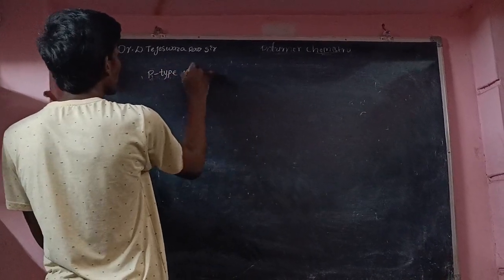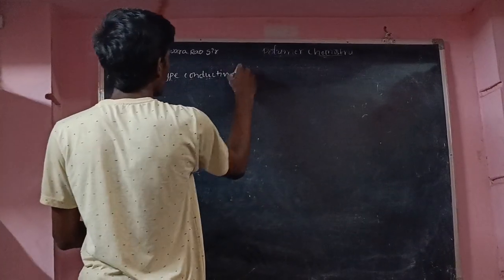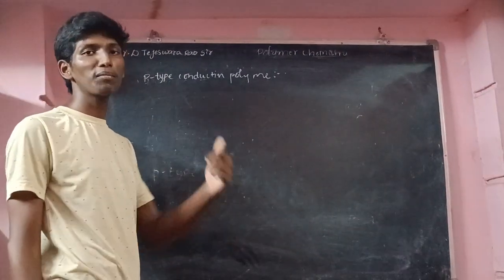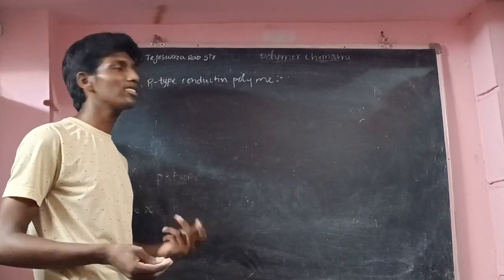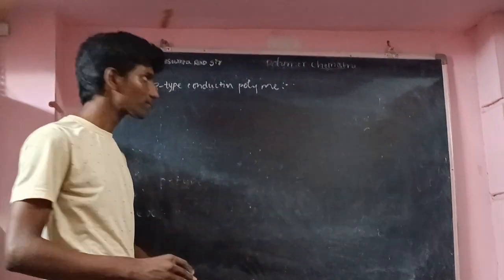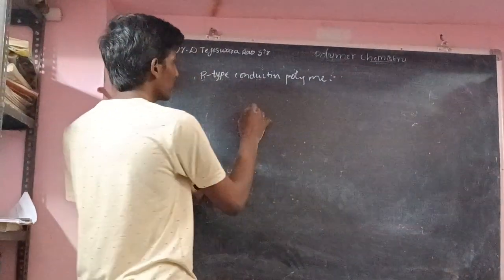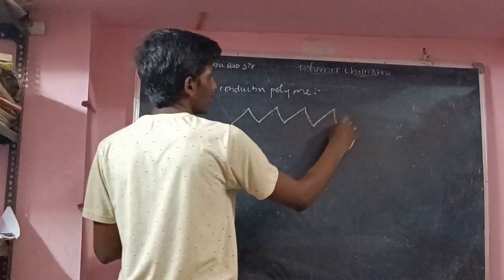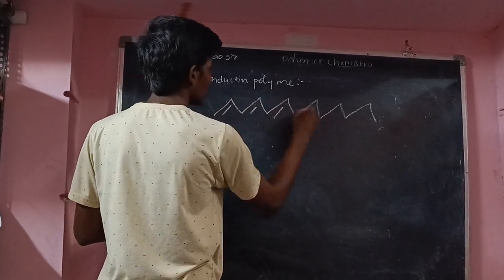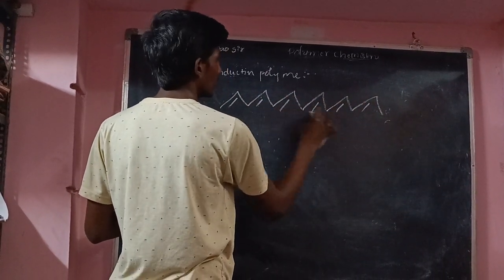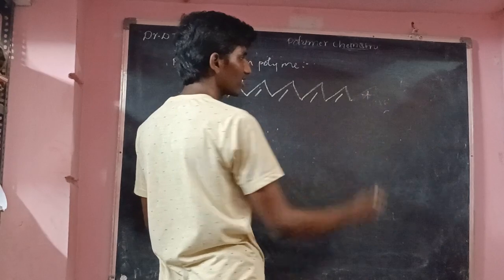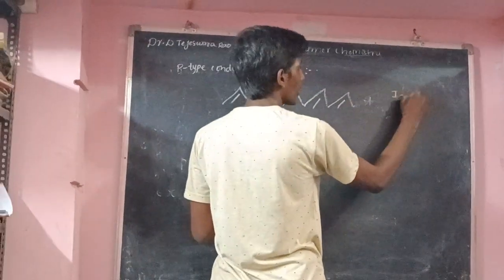P-type conducting polymer. The P-type conducting polymer is made by an oxidation process. In this process we use a Lewis acid agent. Let's take an example. Here the Lewis acid is I2 in CCl4.